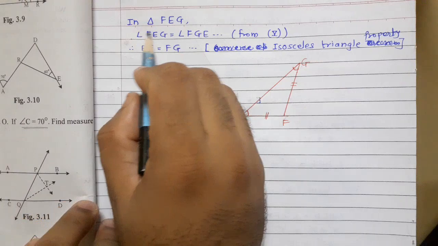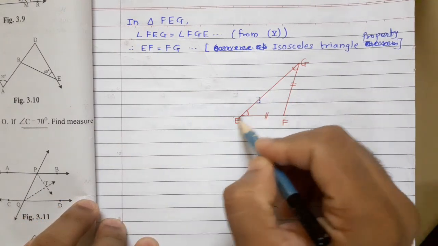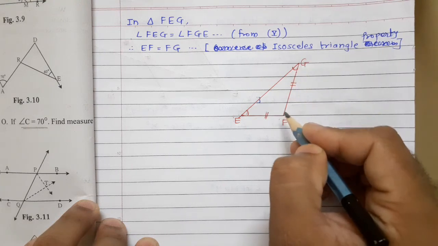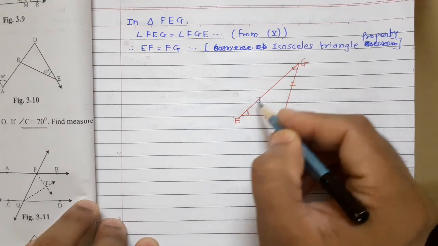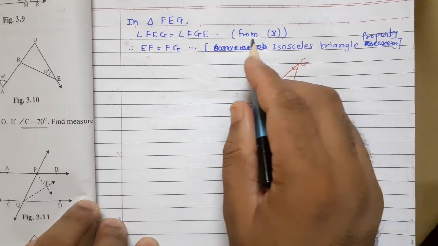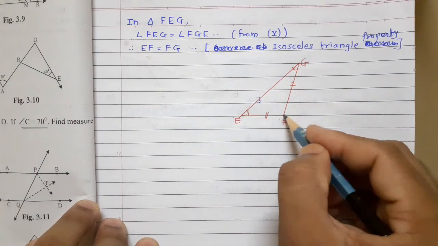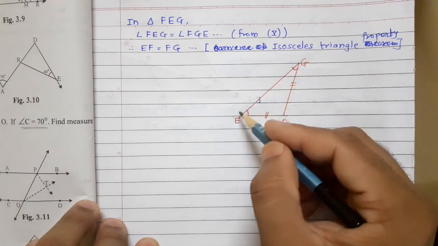In triangle FEG, angle FEG is equal to angle FGE.